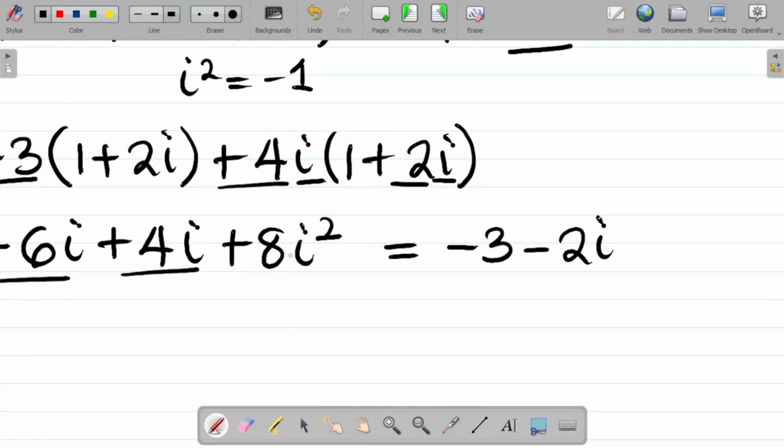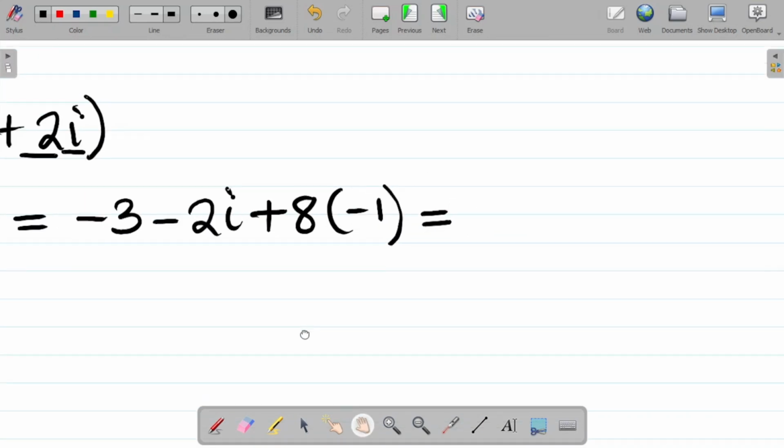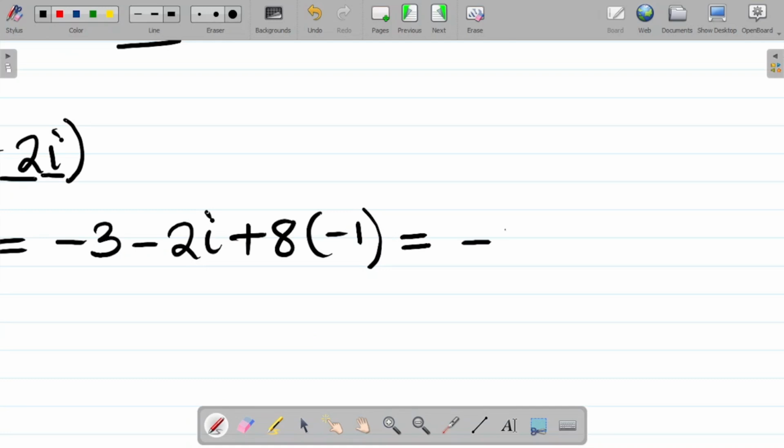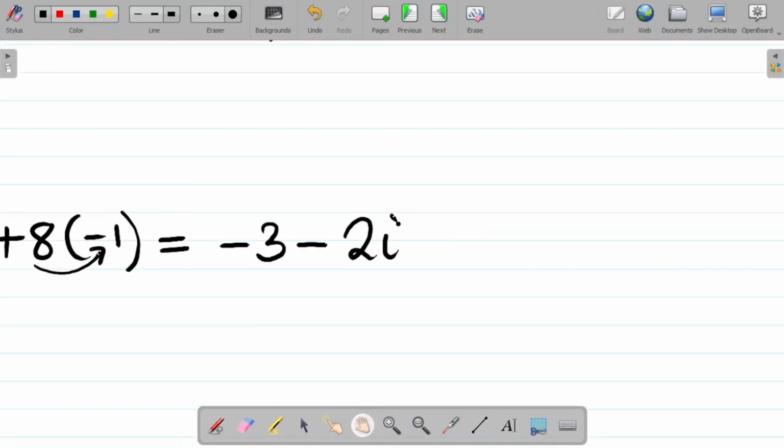Next, I have plus 8 times i squared. i squared is minus 1, so that becomes minus 8. So this is equal to minus 3. Next, I have minus 2i. Bring this down. It becomes minus 2i. Minus 8 times 1 is minus 8. So I have minus 8.